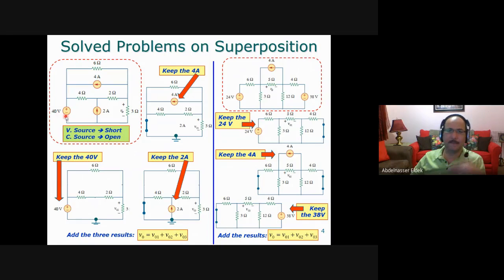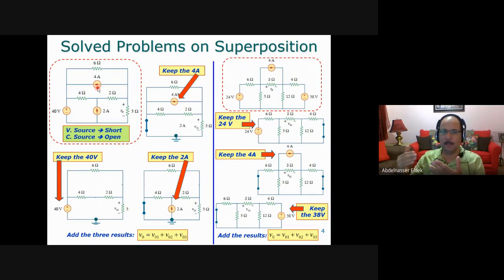So you take the effect of each source individually: I need the effect of the 40 volt alone, then the 2 ampere alone, then the 4 ampere alone. If I add these 3 effects, this will be the total voltage across the 3 ohm, or V0.